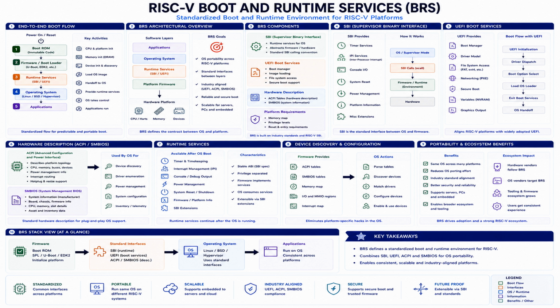Section 7 describes runtime services available after OS boot. Example services are timer and timekeeping services, interrupt management, console debug output, power management, system reset, shutdown, firmware platform information, SBI extensions.